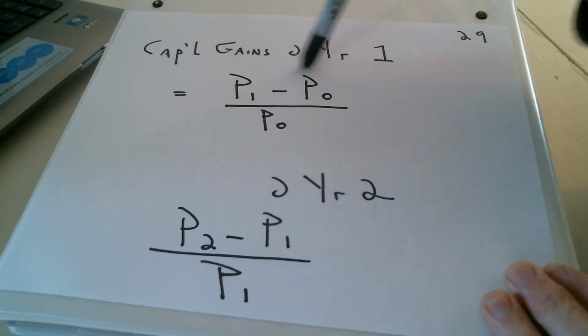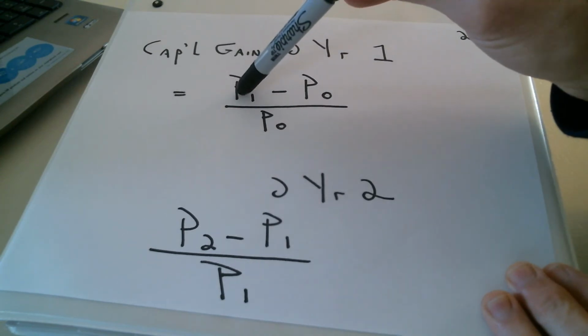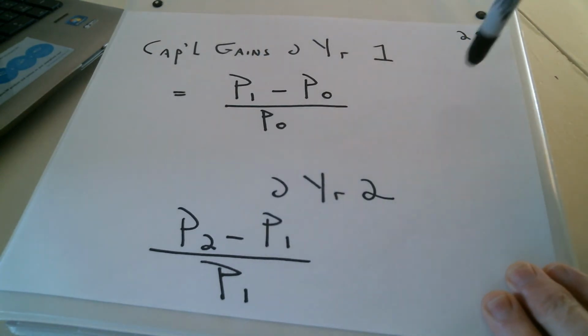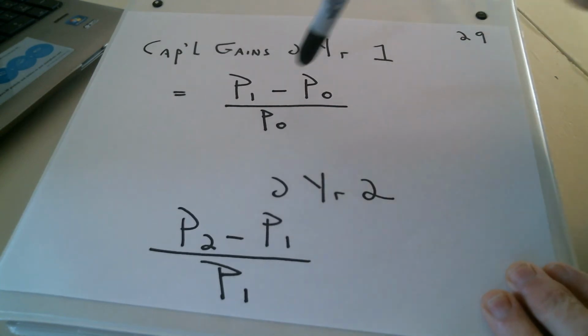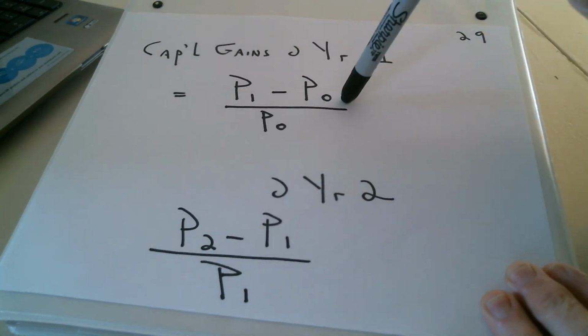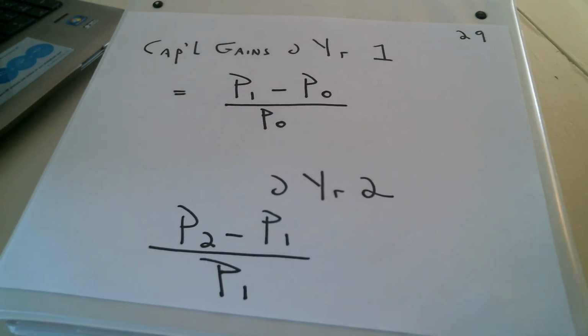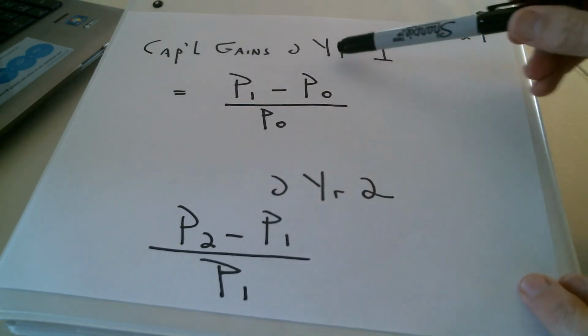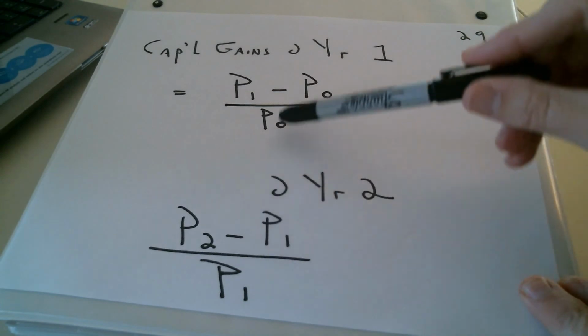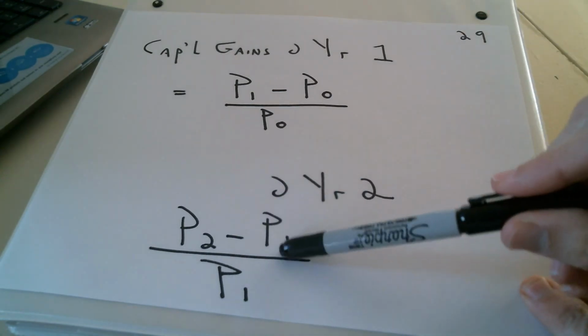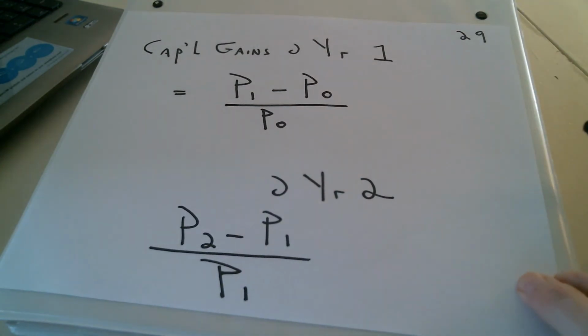So that formula is P1, that price out into the future 1 year, minus the base, P0, over the base. That will give you some percentage. If you want to find year 2, it's simply P2 minus P1 over P1.